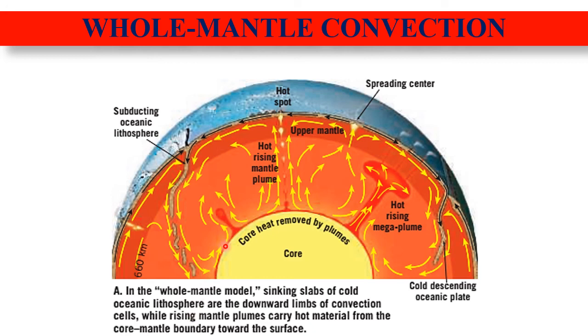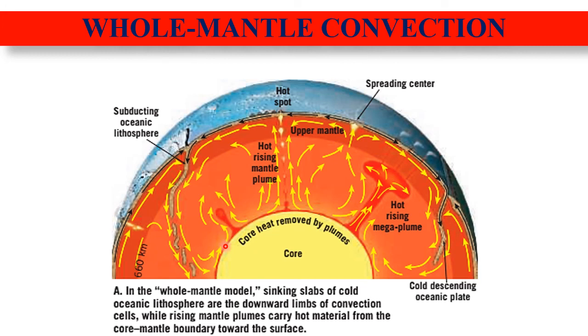The downward flow of these subducting slabs is generally balanced by buoyantly rising mantle plumes that transport hot mantle rock towards the surface. Two kinds of plumes have been proposed: the narrow tube-like plumes and giant upwellings, often referred to as megaplumes, which we are going to study in the next classes about mantle plumes.